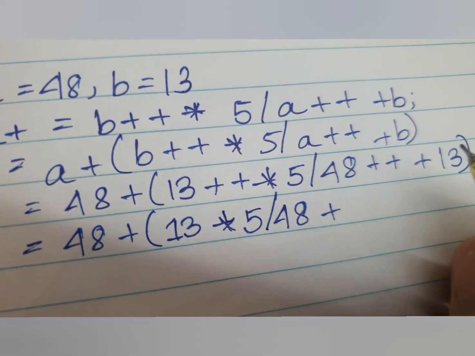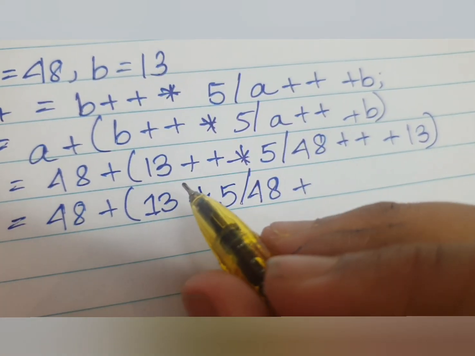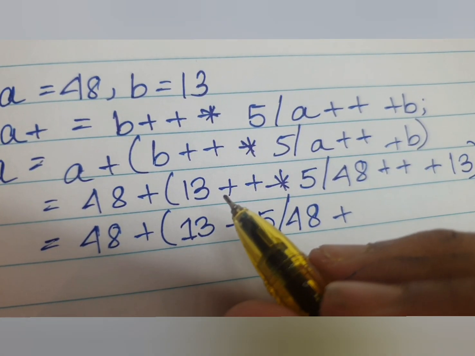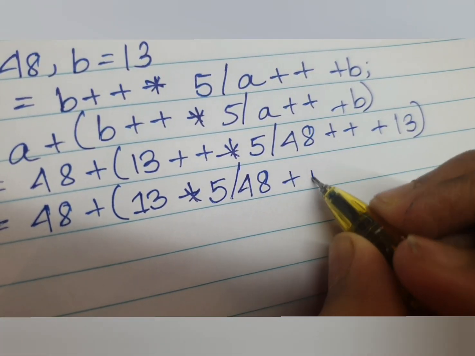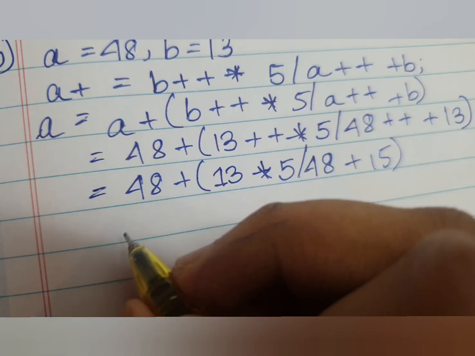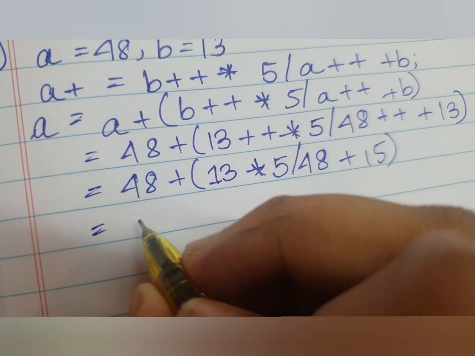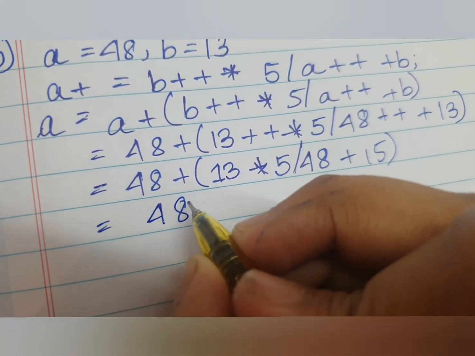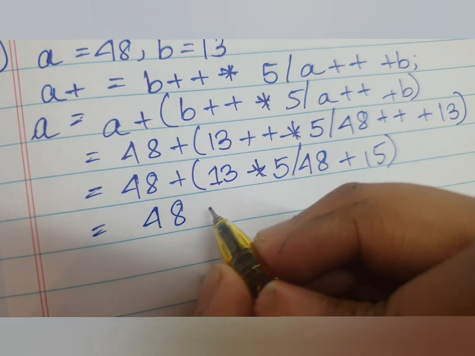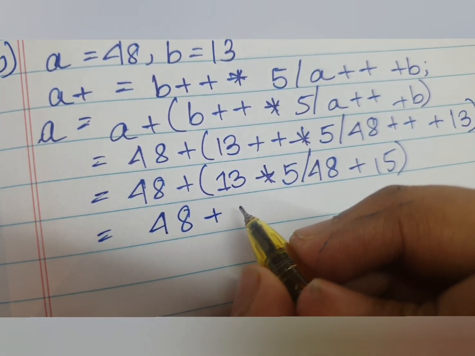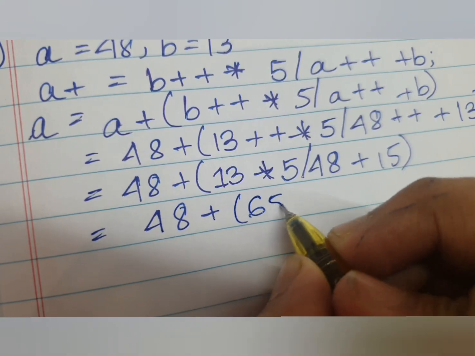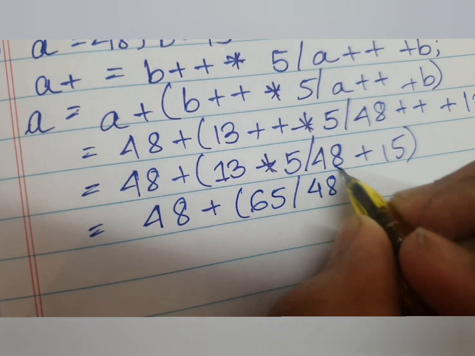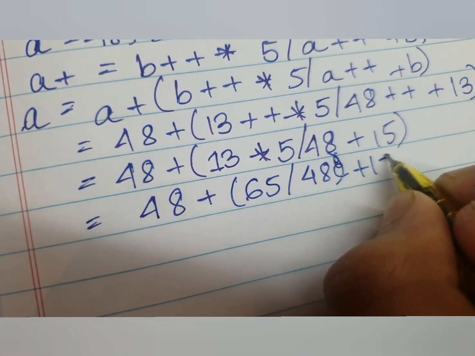Now this is not plus plus 13, as I told you that its value has changed. B's value has changed from 13 to 14. Okay, so this is ++14, that is obviously 15. Now you have to do this. So 48 plus, then 65 by 48, plus 15.